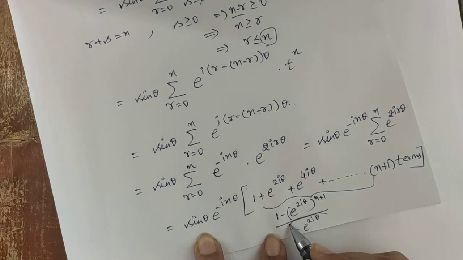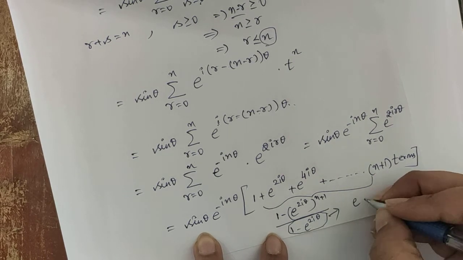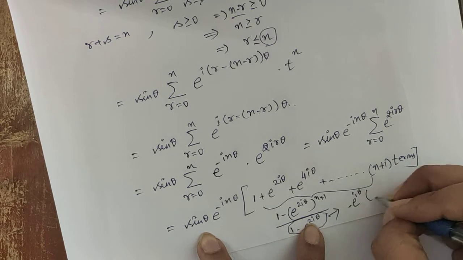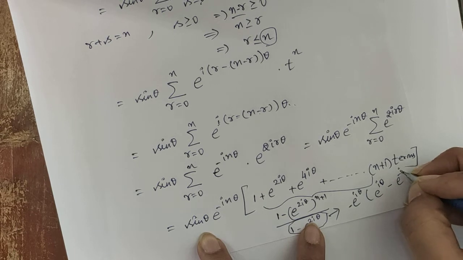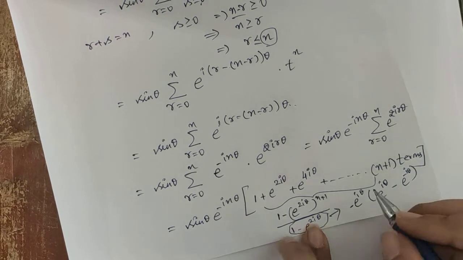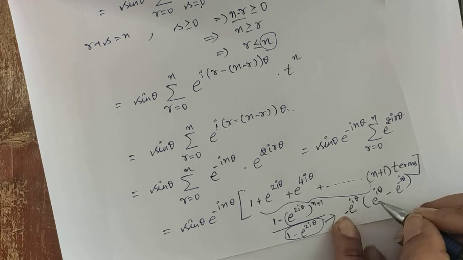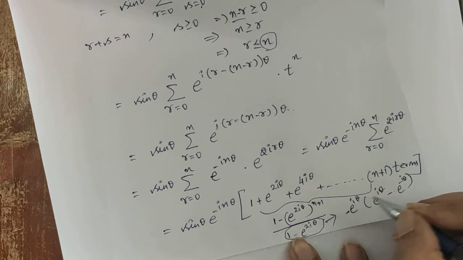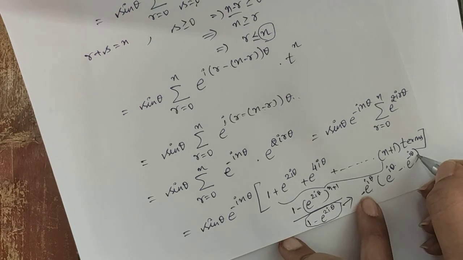So again I am writing this term as minus e power i theta into (e power i theta minus e power minus i theta). Since bases are same, if I add the powers, minus into e power i theta into e power i theta is nothing but minus e power 2 i theta. Minus into minus, it is plus. If I add the powers, I will get e power 0.